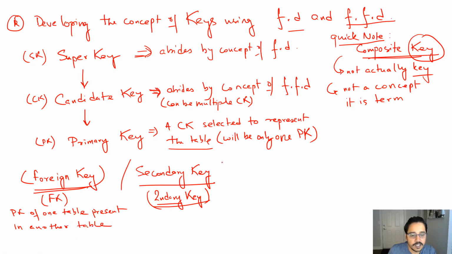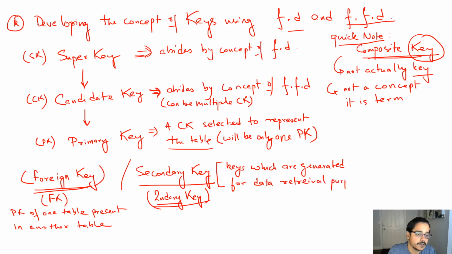And then secondary keys are keys which are designed or developed, or let's just call it generated, for data retrieval purposes.